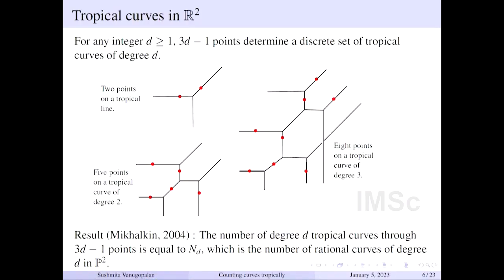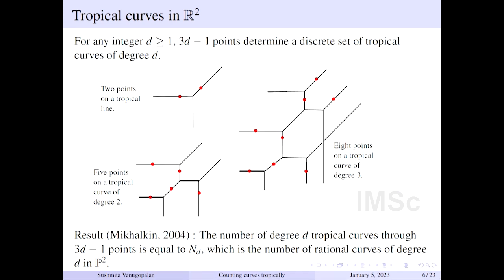And the number of degree D tropical curves through 3D minus 1 points is equal to N_D, which was the number of rational curves of degree D in P2, which we defined earlier. This is a result proved by Mikhalkin in 2004, which kind of started the study of tropical geometry. It suddenly became an interesting field.